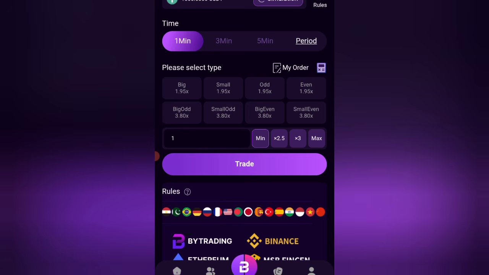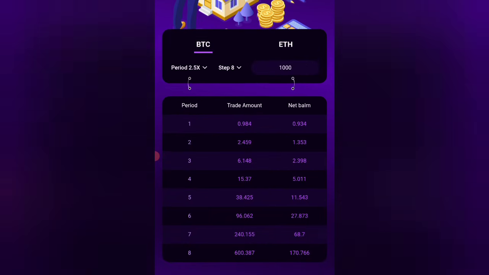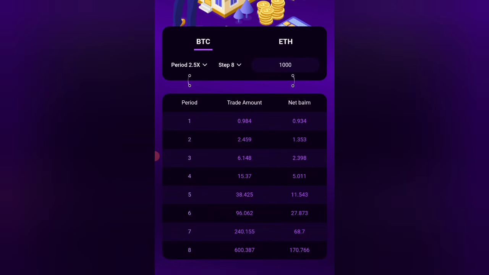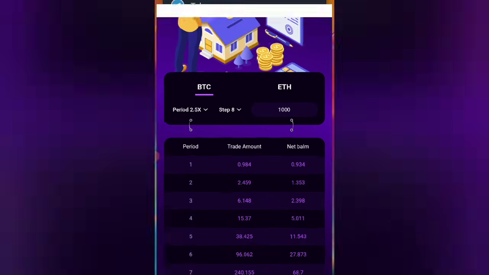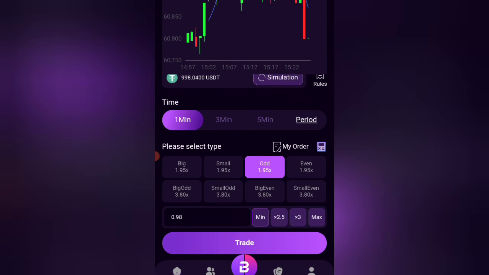So make sure you are using the calculator to enter each trade based on your capital. It's very important. I'm using what the calculator said we should use. Where's the calculator? So the first trade based on my capital is 98 cents. So the first recommendation from the calculator is 98 cents.